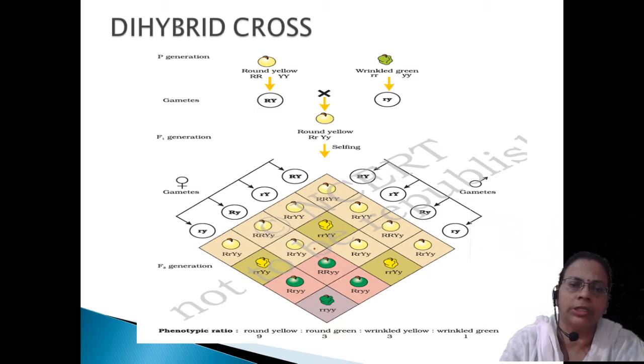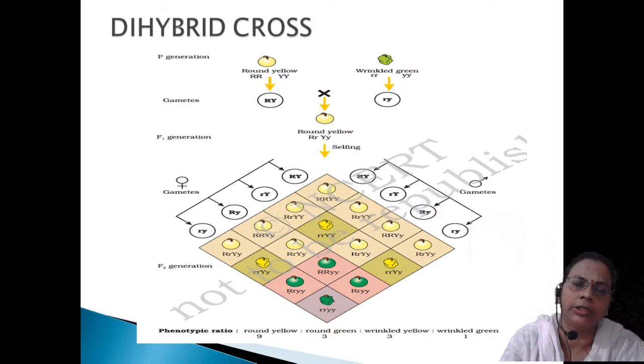By leaving this one and this one, you will get another small, not a triangle, but even then you will get it in this way. Then the innermost triangle is round green, wrinkled green. Here it is round green, and here it is round yellow. This one is round yellow, and here it is wrinkled green.